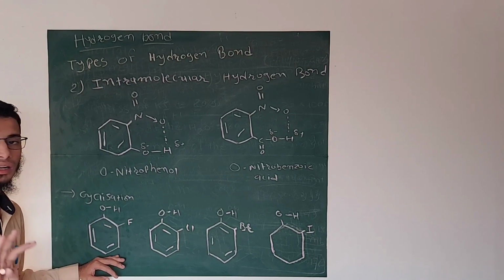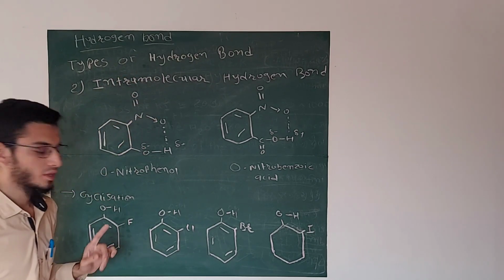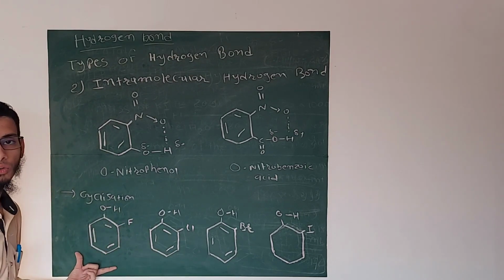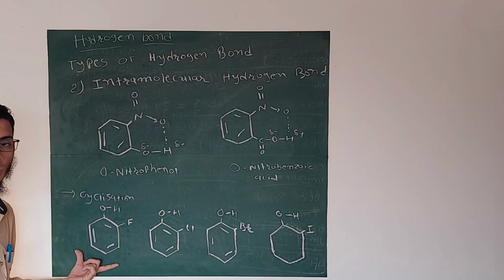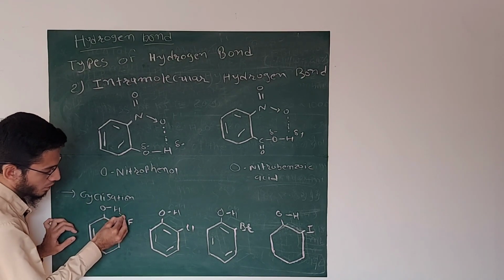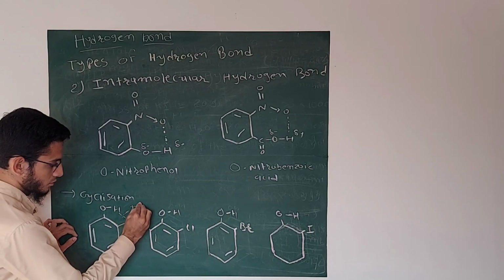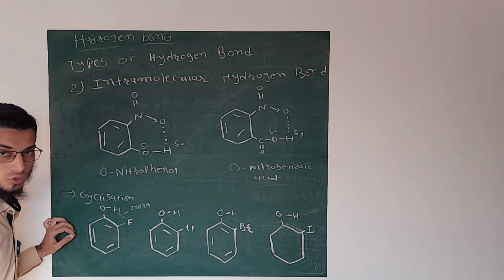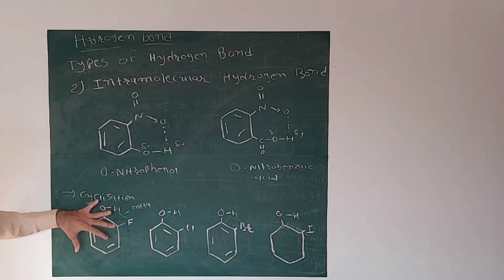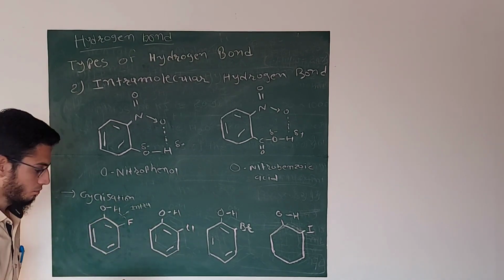You think about that, but you are wrong. Why? The hydrogen bond concept. The least acidity will be not for orthoiodophenol but for orthofluorophenol. Because here you can see there will be intramolecular hydrogen bond. So due to this, the H plus cannot be removed easily.